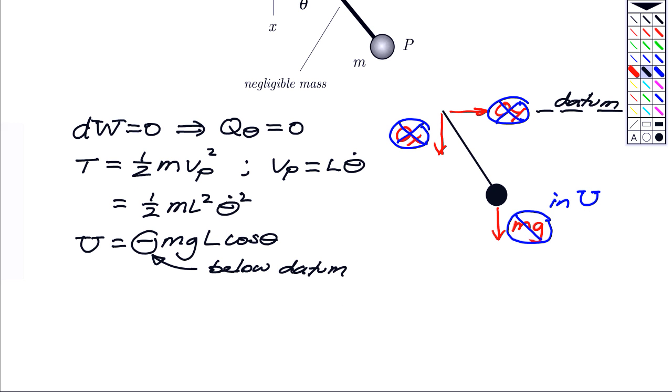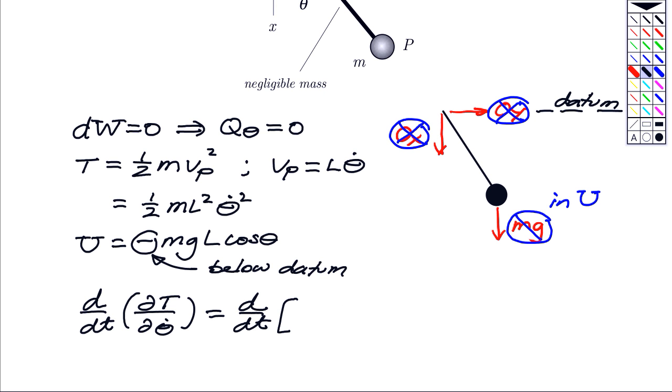So from that, we can write down our different terms that are coming into play for the Lagrangian expression. We get the time derivative of the partial of T with respect to theta dot. So this is 1/2 mL squared times 2 theta dot. The 2's cancel out, of course, and this becomes mL squared theta double dot.